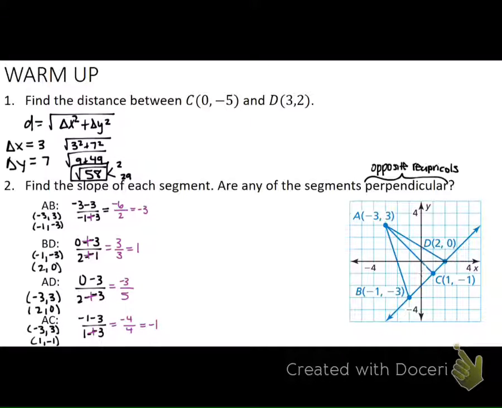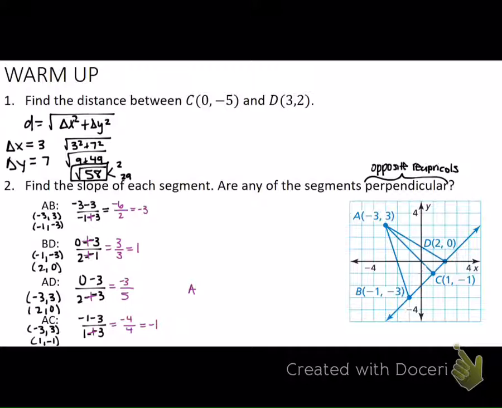So 1 doesn't really change, but it changes sign. So AC is perpendicular to BD. All right, so questions on the distance formula or slope, because you're going to be using those today to classify these triangles.